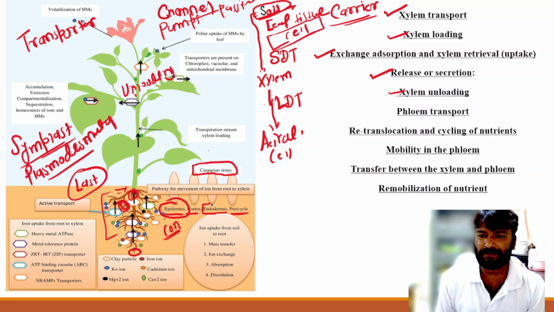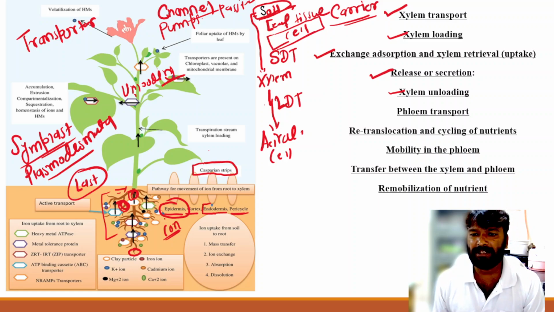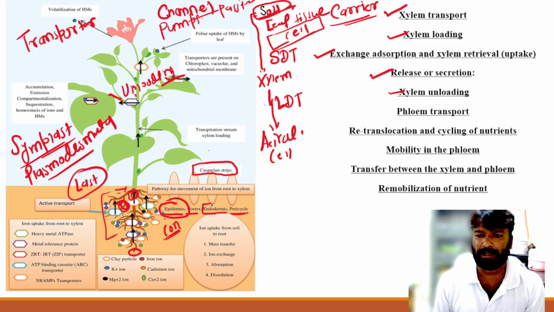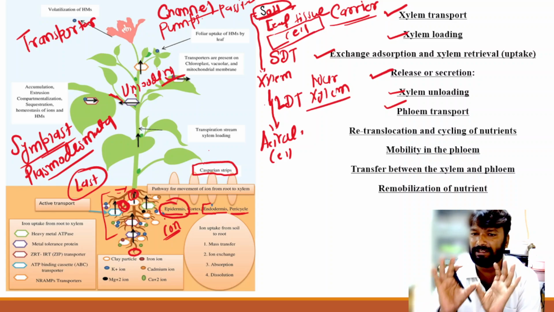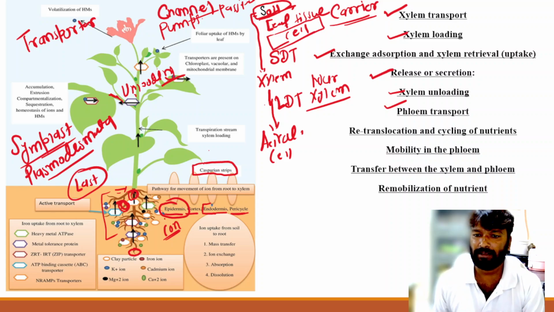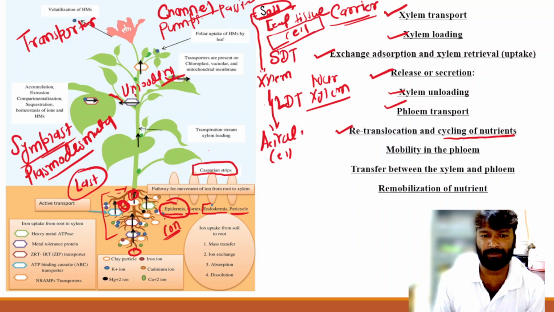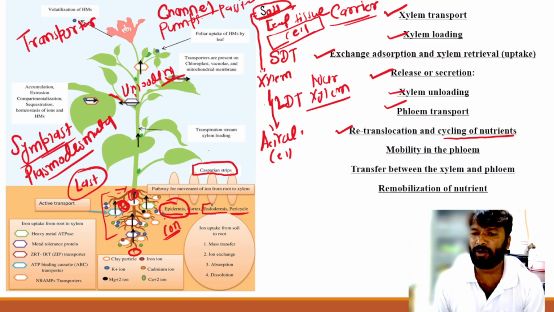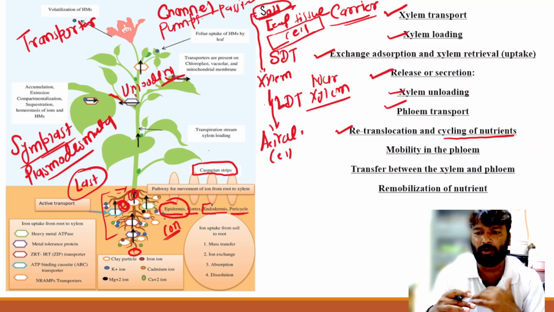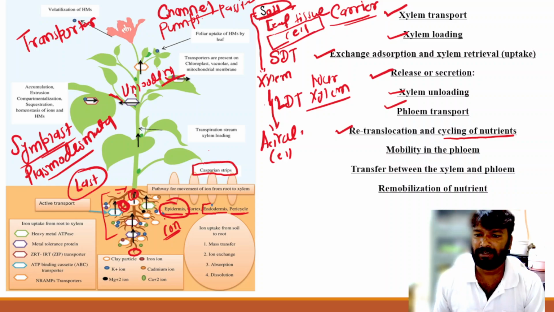Okay, we will discuss the phloem transport pathway, because nutrients are transported in both xylem and phloem, but water is transported only in the xylem. Okay, then we will discuss the retranslocation and cycling of nutrients.